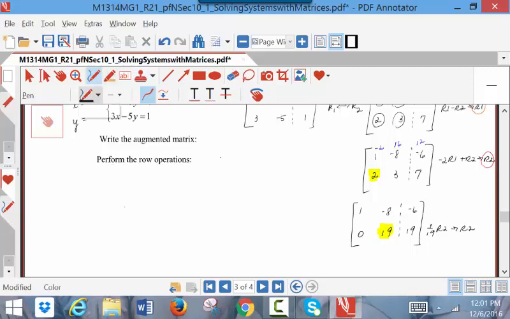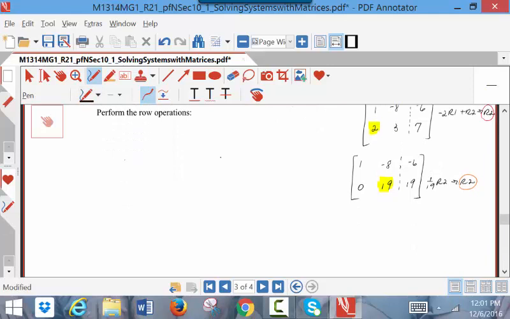So the outcome will be a change in row 2. So leave row 1 alone. And row 2, 1/19 of 0 is still 0. 1/19 of 19 is 1, and 1/19 of 19 is 1. I have 1s on my diagonal.